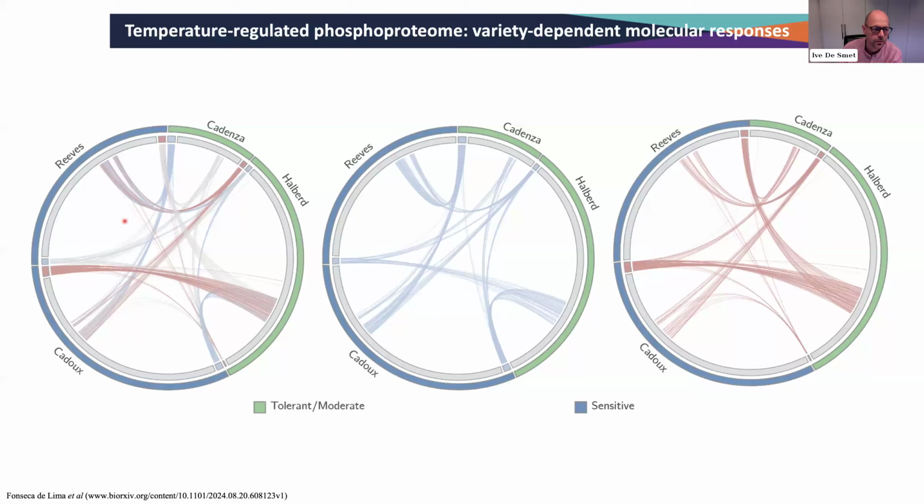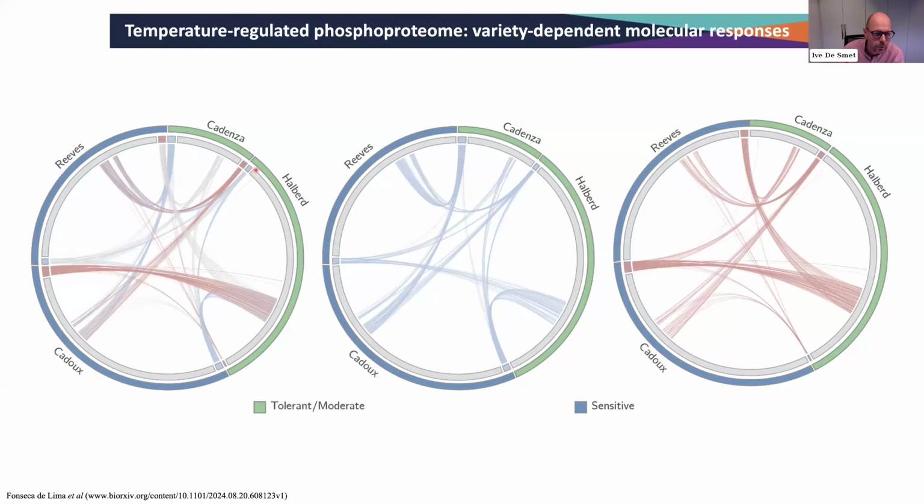And we have the sensitive varieties here on the left and the tolerant varieties here on the right. If you then look at where, for example, in this sensitive variety, a responsive protein maps on the tolerant side, this very often is positioned towards the gray zone, where basically there is no response detected.